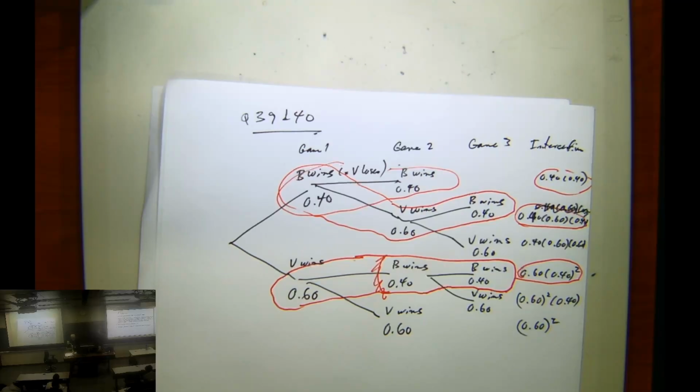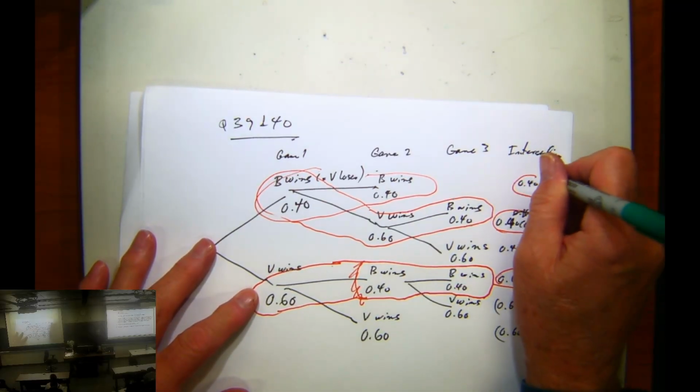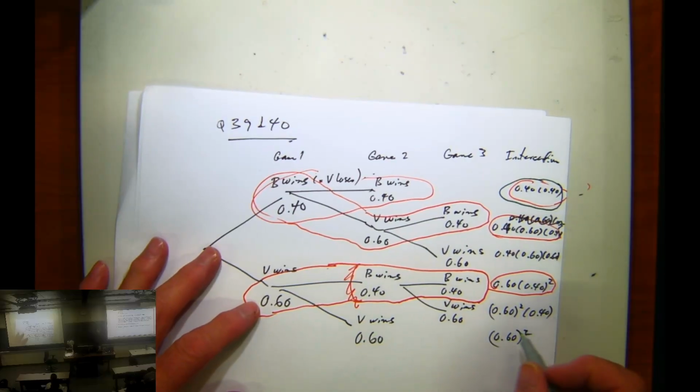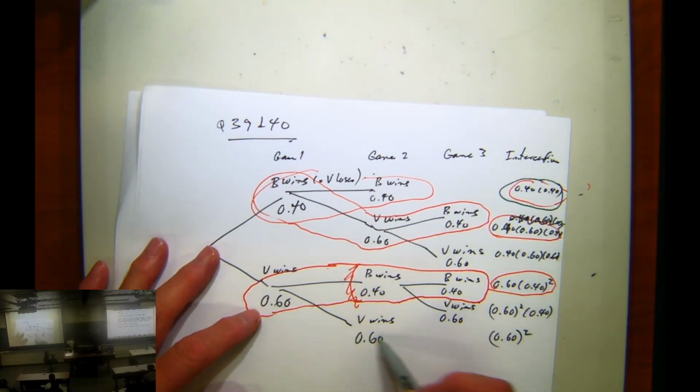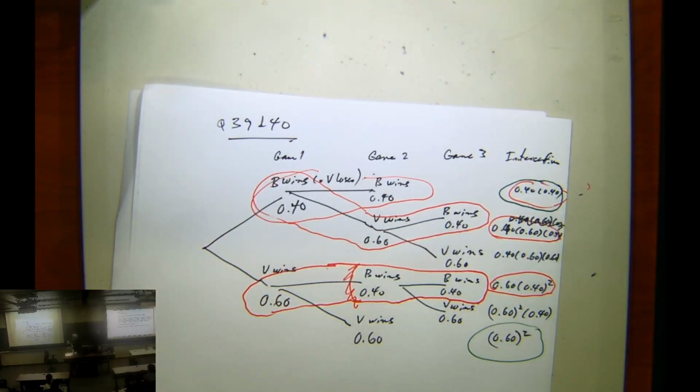Here goes. Okay, if the series ends in only 2 games, well, there's only 2 ways that it ends in 2 games. It either ended here or it ended here. There's the 2 routes by which it wins in 2 games.